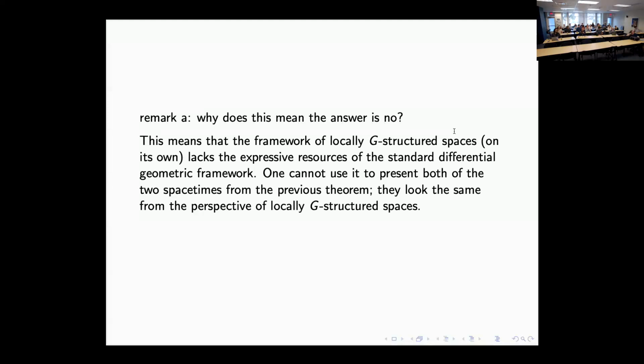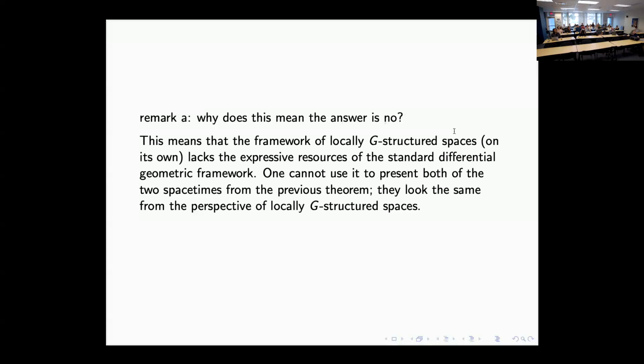Well, what we've shown here is that the framework of locally G-structured spaces, at least on its own, lacks the expressive resources of the standard differential geometric framework. So one cannot use it to present both of the two spacetimes that appeared in the previous theorem. They look the same from the perspective of locally G-structured spaces. They determine isomorphic locally G-structured spaces.